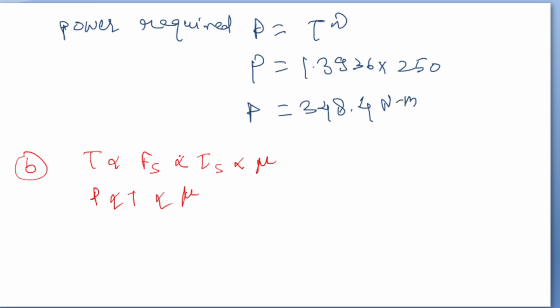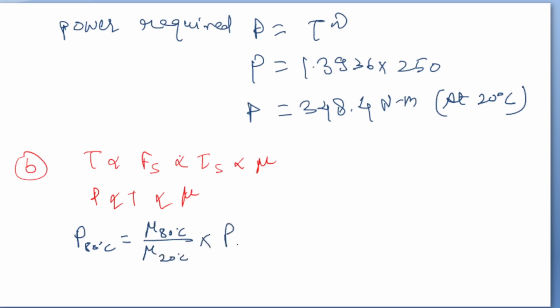So the power at 20 degree centigrade is known, and the power at 80 degree centigrade is the viscosity at 80 degree centigrade divided by viscosity at 20 degree centigrade into power at 20 degree centigrade.